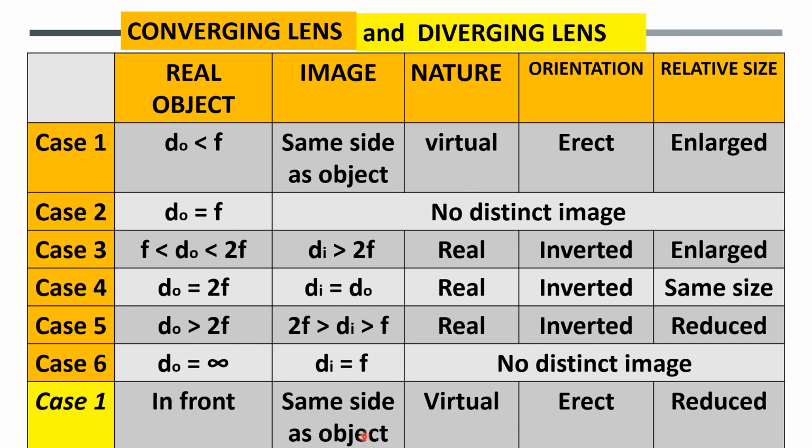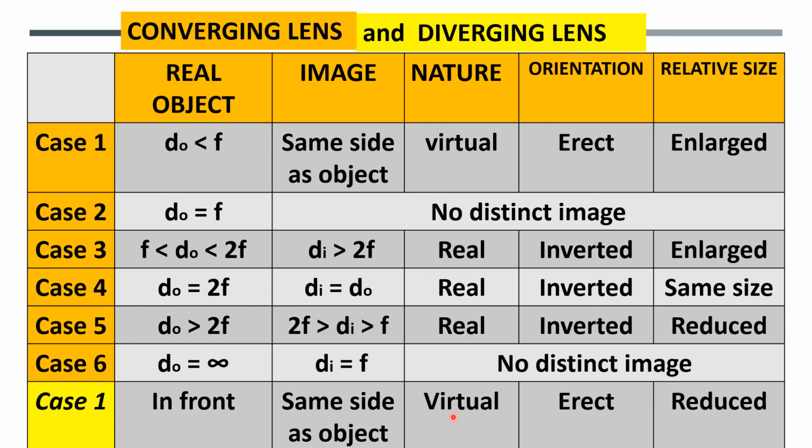In other words, the image is located to the left also of the diverging lens. And we said that the image was virtual. Also, the image was upright or erect, and it was reduced in size. So this is the single case for diverging lens.